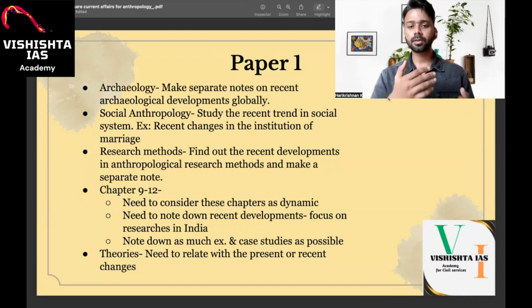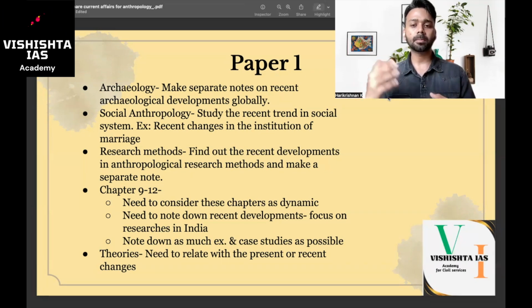Apart from that, when we talk about social anthropology, what we have to do is study the recent trends in changes of social systems. About society, when we study different institutions such as marriage, caste system, religion, political system, you will have to ensure that you have a good idea about the recent changes.